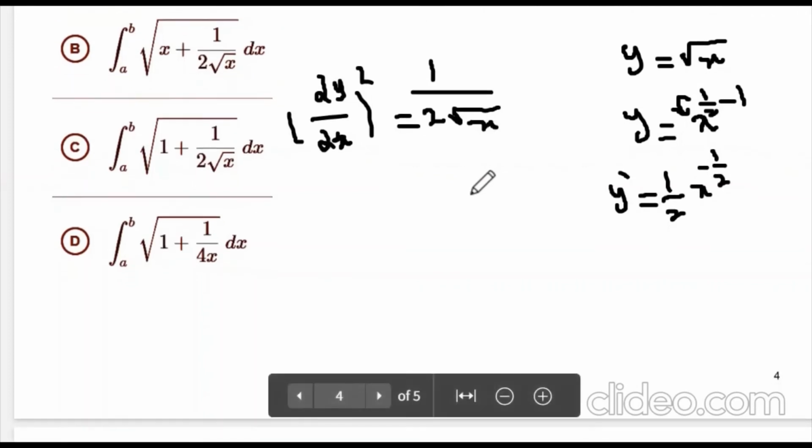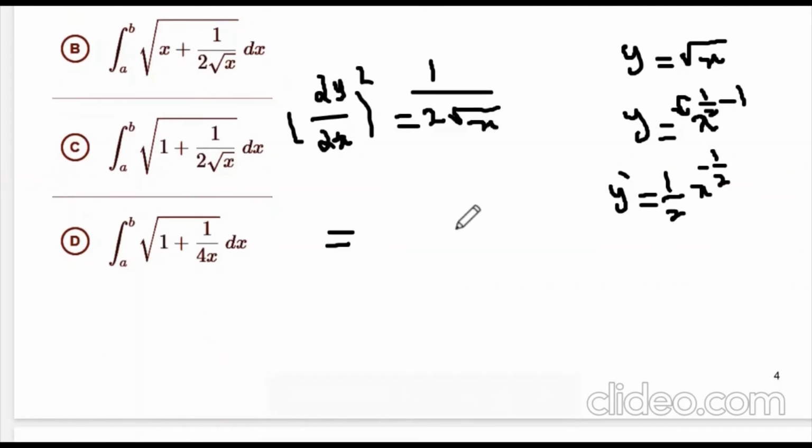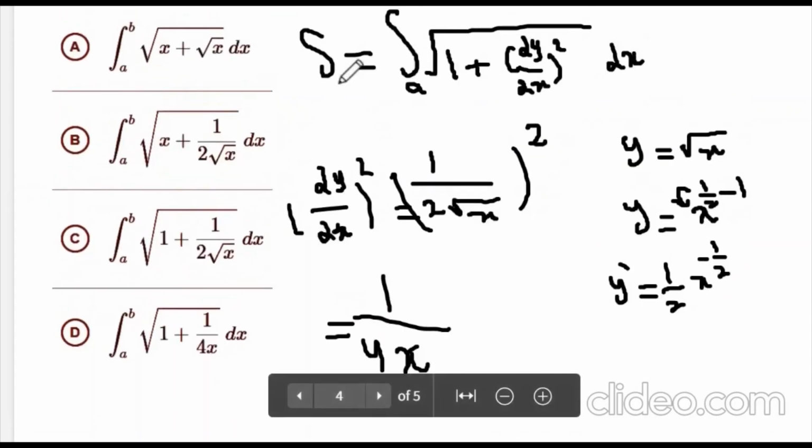And then I'm going to put it squared. Then 1 over 2 squared is 4. Then because we have a square here, the square root will go out, so no square root, so 4x. And now we can put it in the formula.